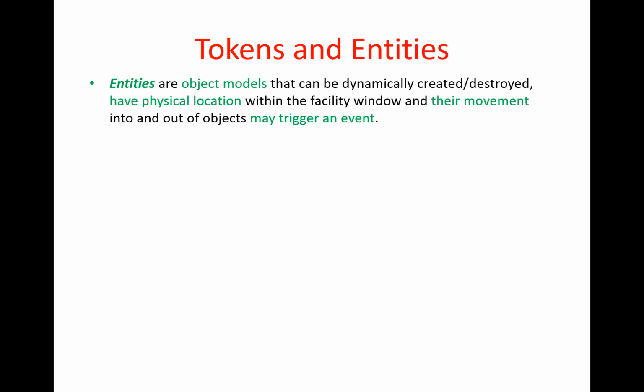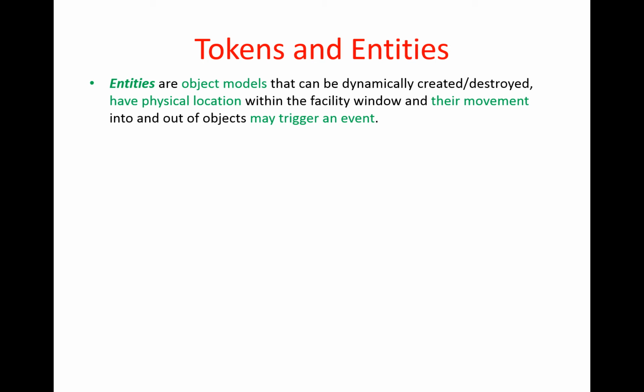So now that we have completed our model, I would like to talk about the search step and its different components in more detail. So in order to understand how the search step works, we first need to understand the concept of tokens and entities. So entities are actual objects that are dynamically created and destroyed in the facility window.